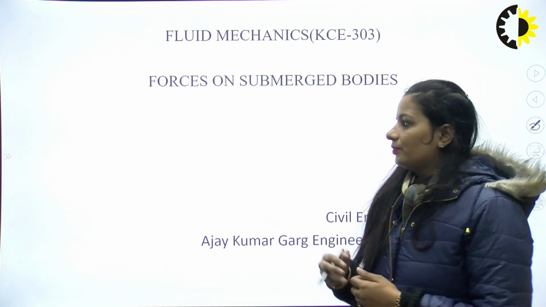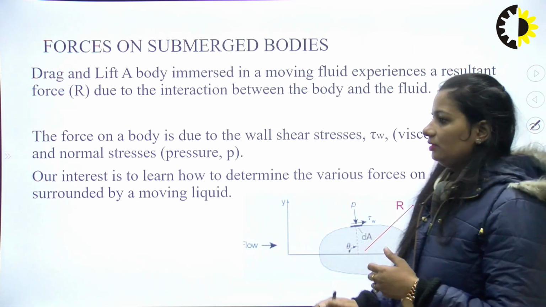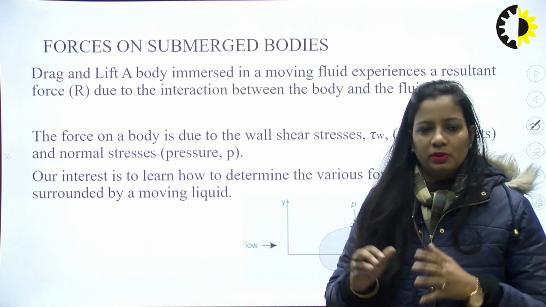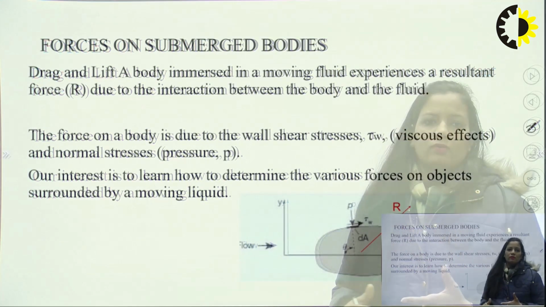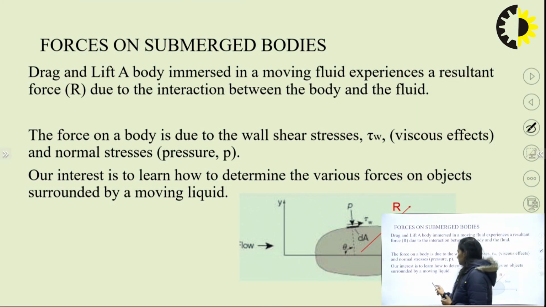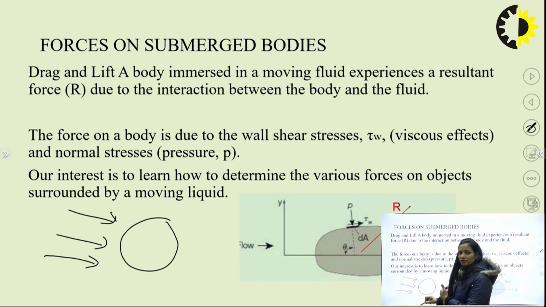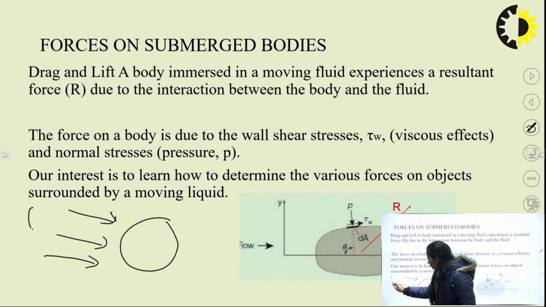When we talk about a submerged body, two types of forces are actually acting on the body. Let us suppose this is a body submerged in a flow coming in this direction, and this flow has a velocity of u infinity.